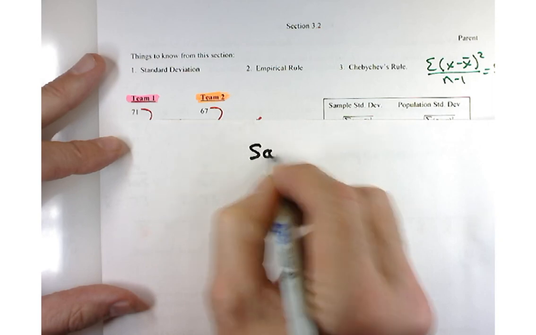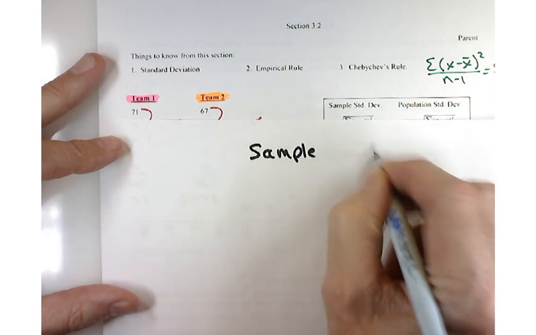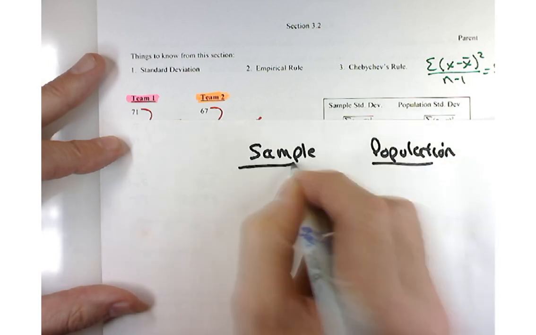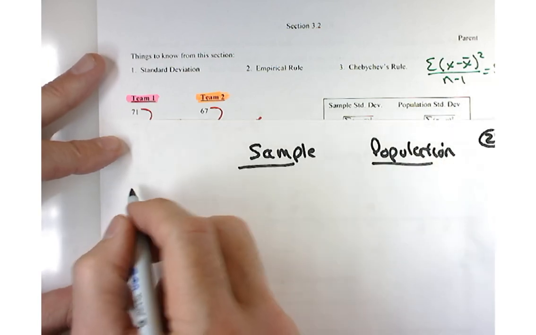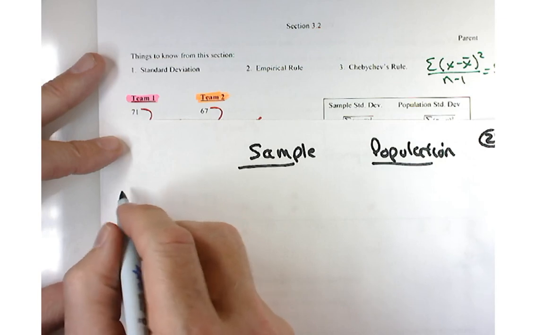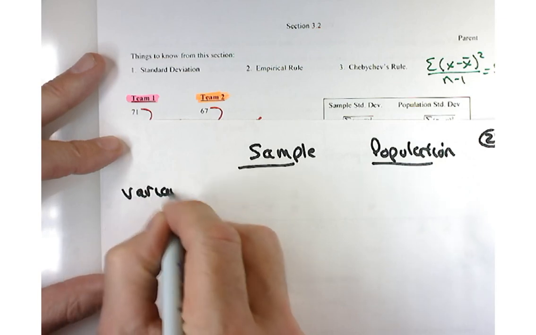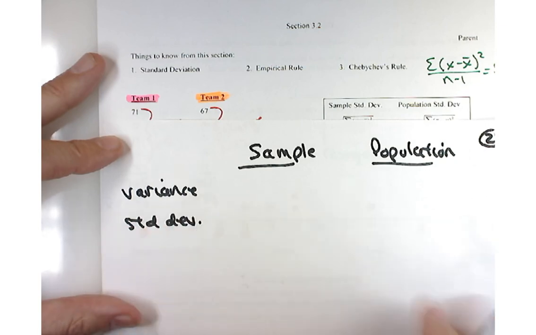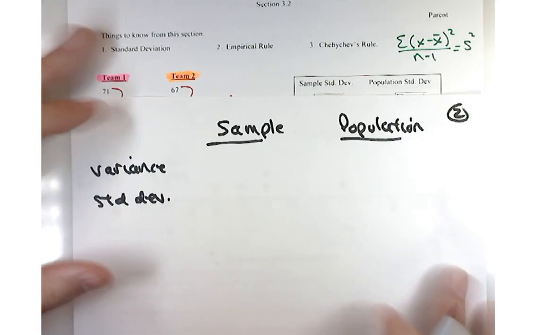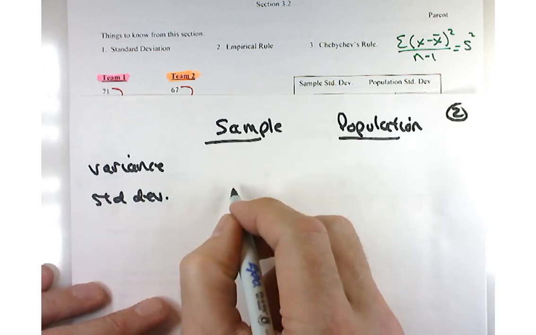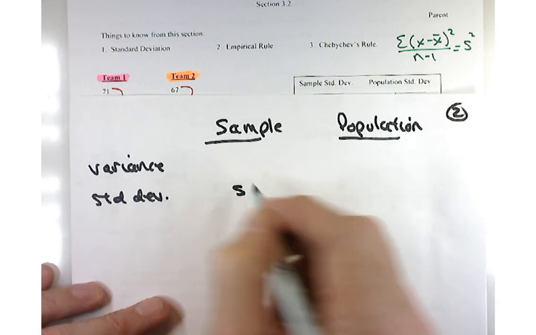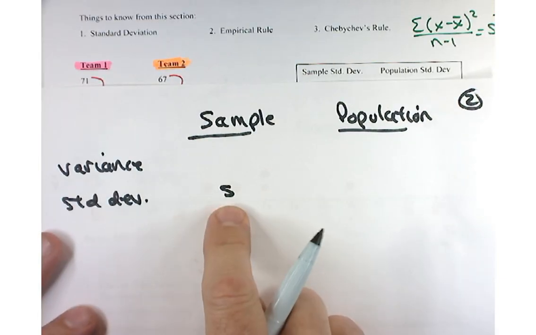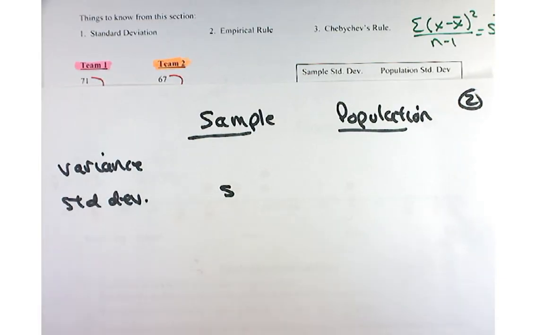So we'll have sample data or population data. And if you have sample data, then we can have a variance or we can have a standard deviation. Now our sample standard deviation is going to be denoted with an S, which is nice because it's the first letter in the standard deviation. That's great.